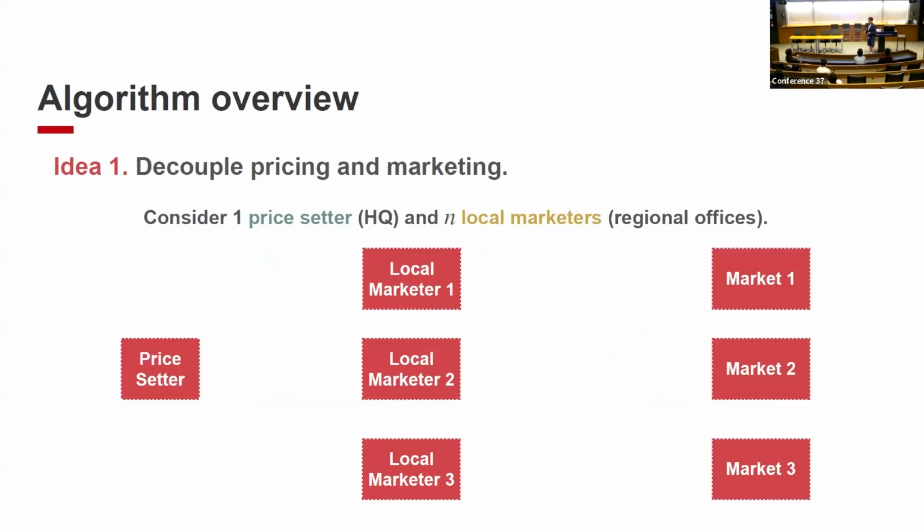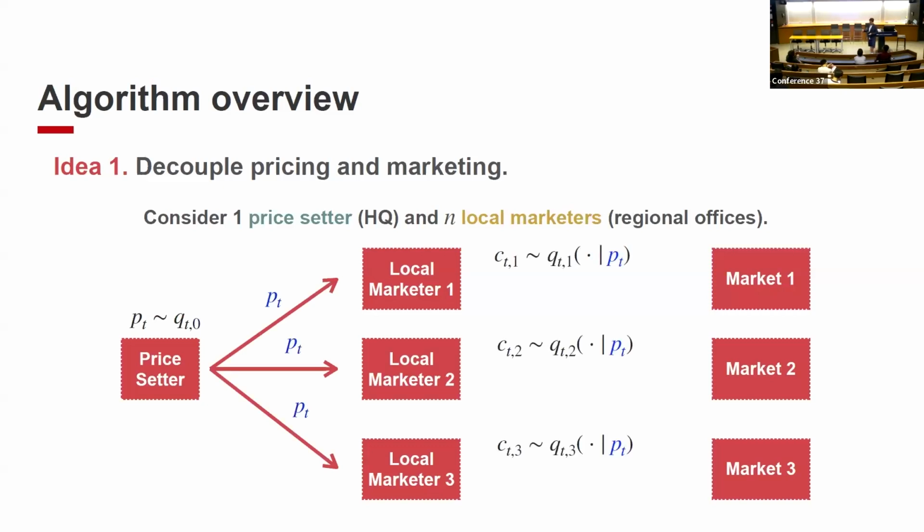So the first idea is to have this mental model of the algorithm. Let's say the algorithm has many components: one price setter and n local marketers. So it's like a distributed algorithm in this picture. The price setter samples the price first and then broadcasts this price to the local marketers, and the marketers adjust their advertisement cost by sampling from their own distribution given this P_t, which is broadcast by the price setter.